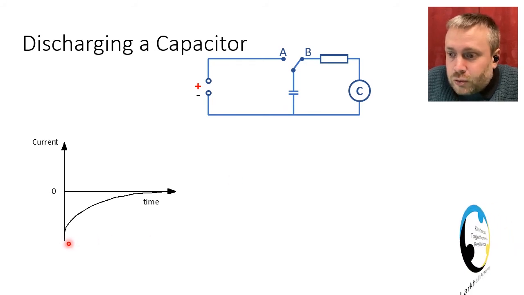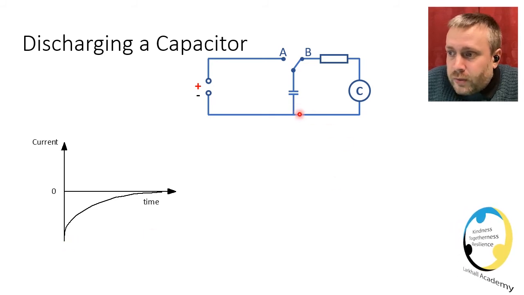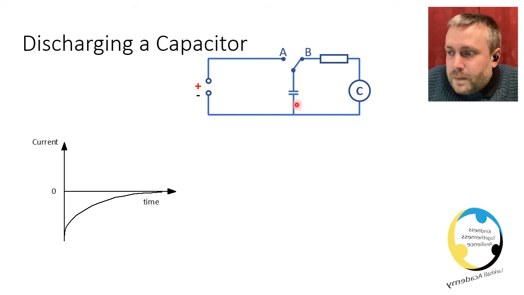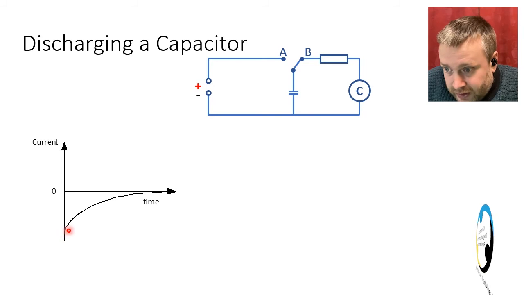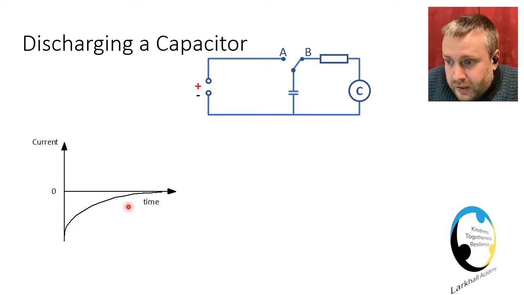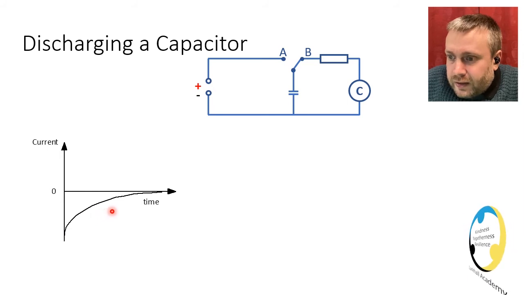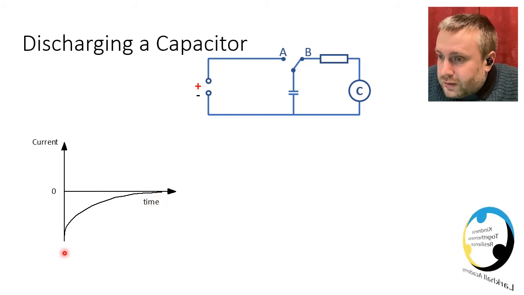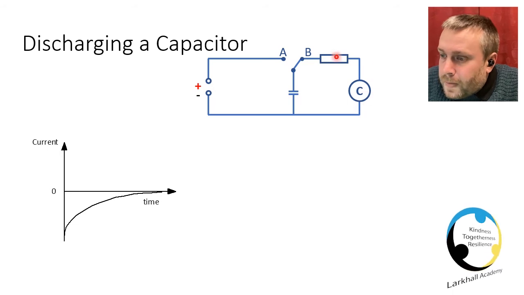So the current starts off negative, starts off high as well, because all those electrons are trying to push each other away as quick as they can from here, and as they start to leave, the repulsion from that plate is going to decrease, and we start to see this curve which looks a little bit like this. So we have this curve in the current, and the rate of the current slows down as we approach 0 here. So as the charge starts to approach 0.